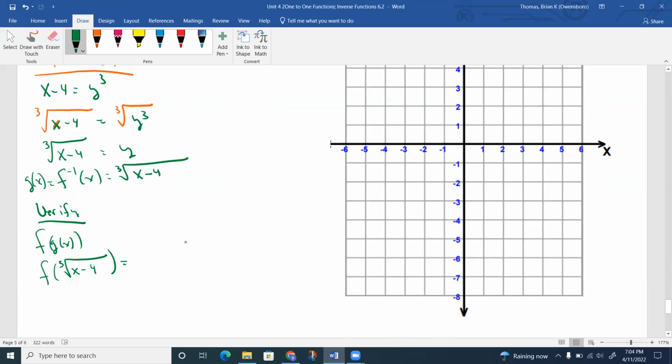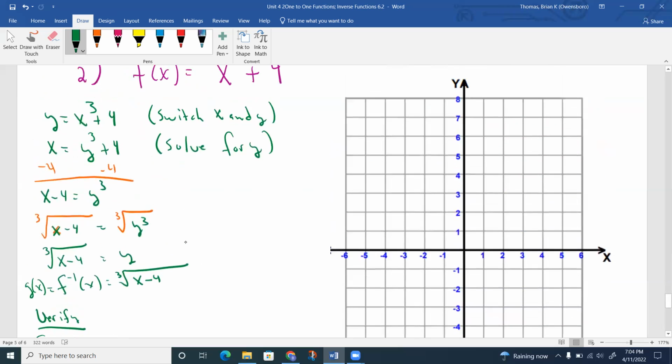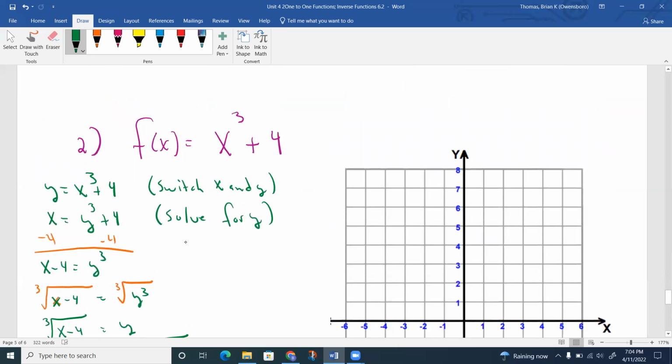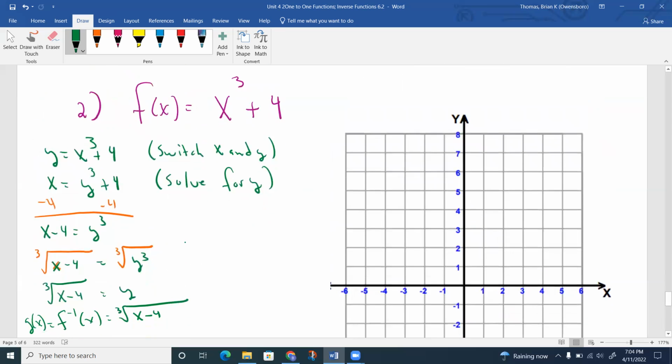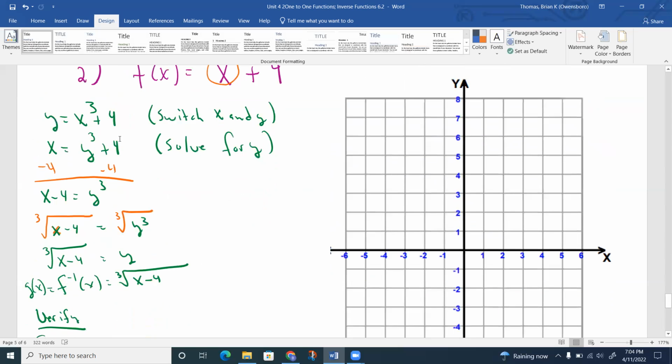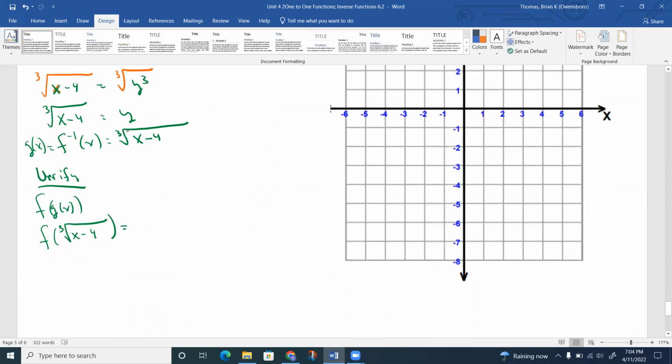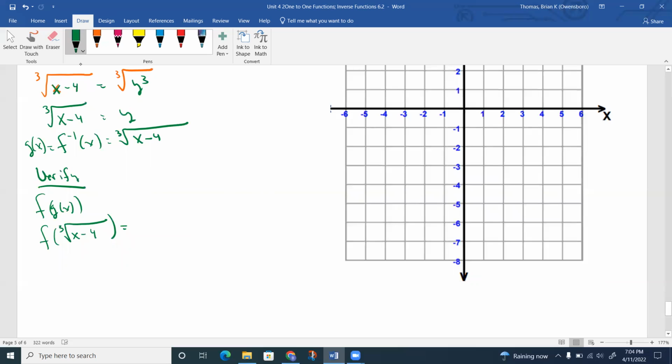Remember, that has to be substituted into the function up here for x. So we replace this x with the cube root of x minus 4. This becomes the cube root of x minus 4 goes in place of x, and this is still cubed. And then we had this plus 4.